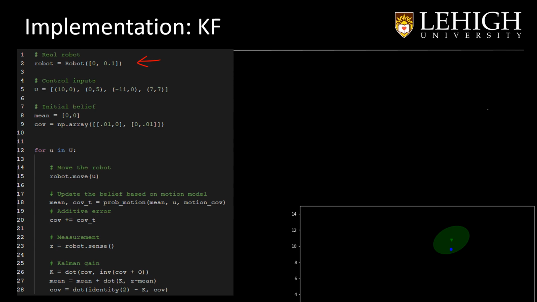Okay, so we will use the same constants, and here when we have the control inputs is where we are going to start moving around. And now this is our initial belief of the robot that is very accurate, and then the robot will start to move. So for every time step, for every control action, our robot will move.